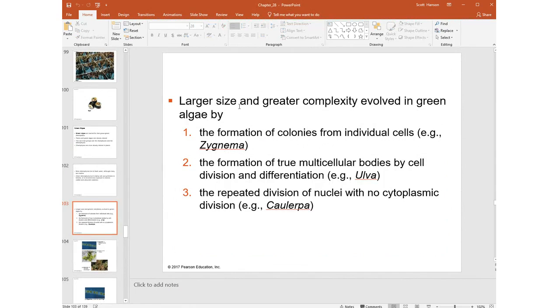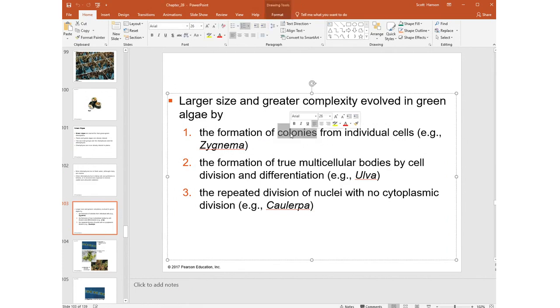Larger size and greater complexity then evolved in green algae by 3 different things happening. Formation of colonies from individual cells, like the zygnema. Formation of true multicellular bodies. Remember, multicellular is a body that's made up of many cells rather than just one cell, by cell division and by differentiation, in other words, making different types of cells.